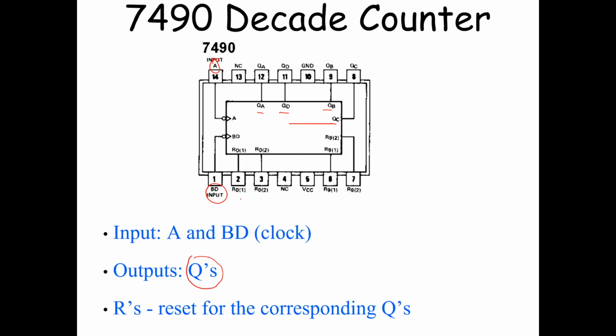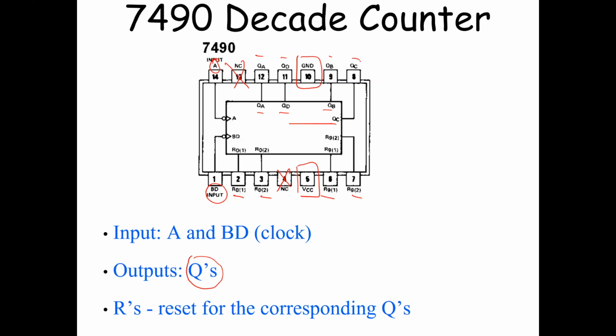There are R inputs, which are used to reset QA, QB, QC, QD. This is not a passive circuit, it's an active circuit, so you need to connect it to ground and VCC. And this NC is not connected. I think we talked about all these, so that's pretty much it. That's how the IC is to be used.